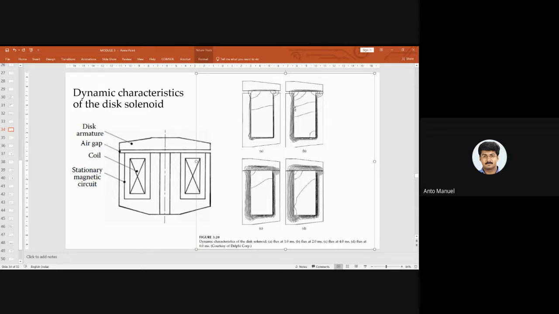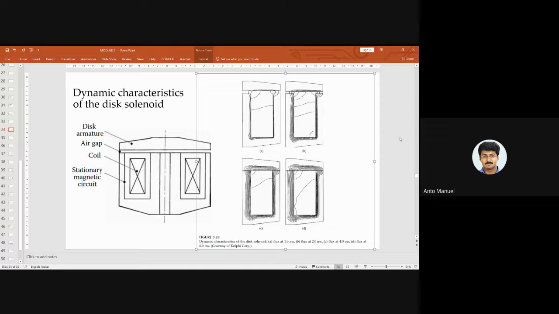The magnetic flux is gradually increasing, and the air gap from the disk armature to the coil is decreasing. That is what the diagram is showing: the position of the disk armature at 1 millisecond, the position of the armature at 2 milliseconds, and the position of the armature at 4 milliseconds, in the diagram of C.